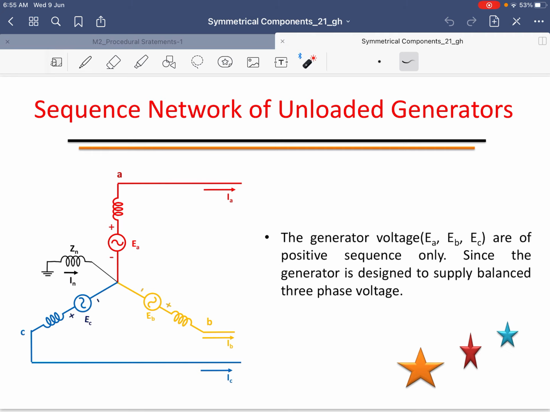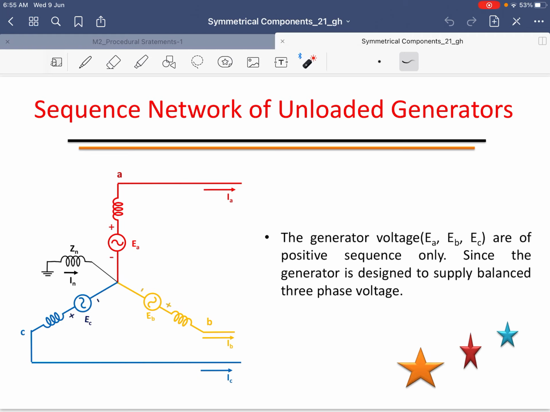If the unloaded generator is subjected to an unsymmetrical fault, then the fault currents IA, IB and IC flow in the circuit. But the currents can be resolved into their symmetrical components regardless of how unbalanced they may be.